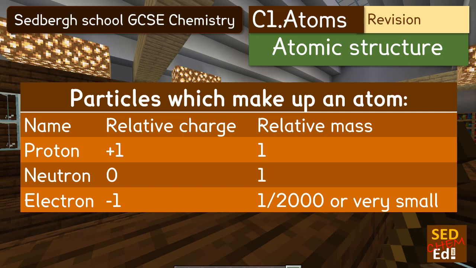They're also really small. Their mass is thought to be around about 1/2000th of the mass of a proton. If you're asked to fill in a table including these values, you can write negligible, very small, 0 if you're lucky, or, if you can remember it, 1/2000.